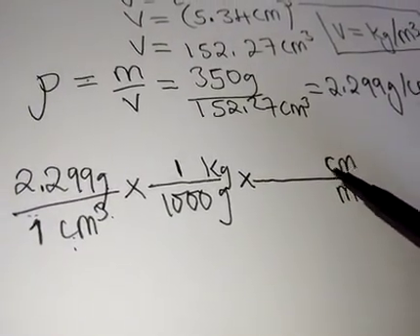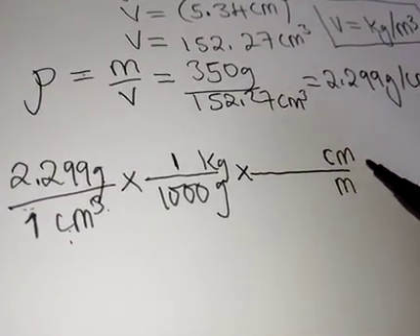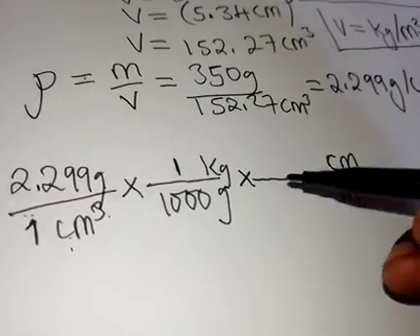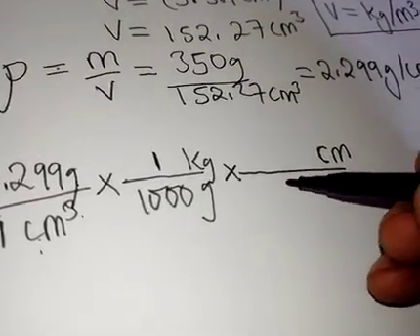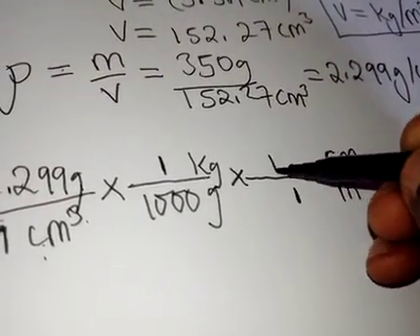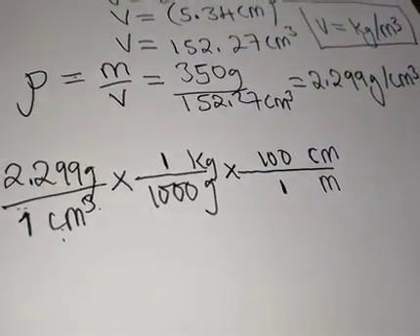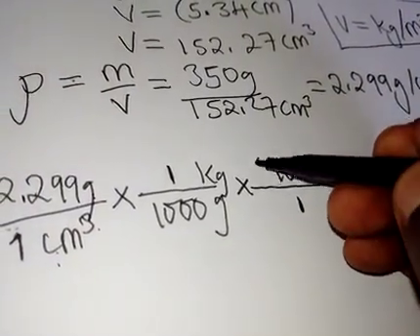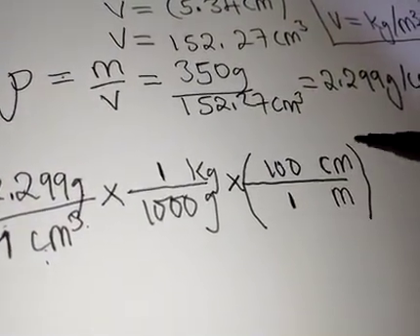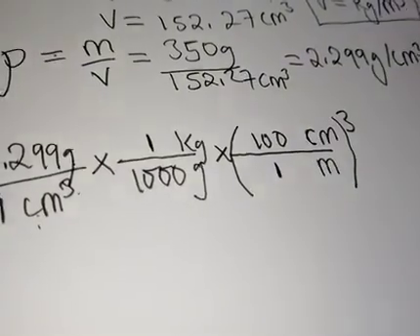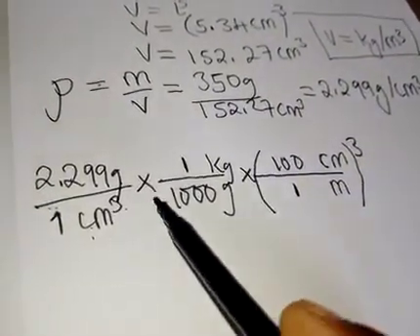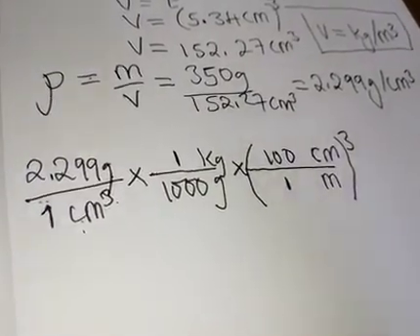Then the centimeter that we have is just power 1. The meter we have is power 1. We should have something raised to power 3. Okay. So before that, we know that 1 meter gives us 100 centimeters, right? But this should be raised to power 3. So you raise this to the third power, so that you can have centimeter to the power 3, centimeter to the power 3, and meter to the power 3.